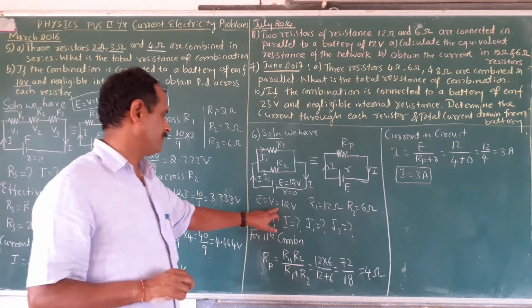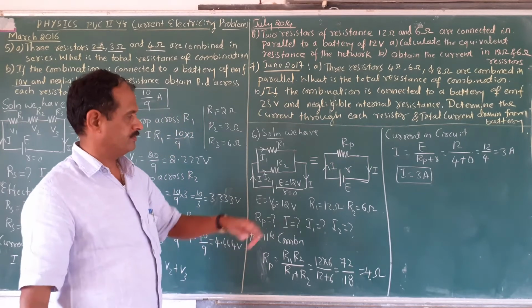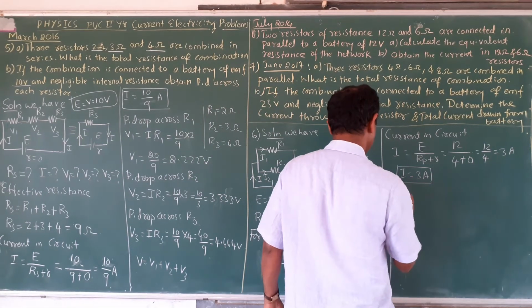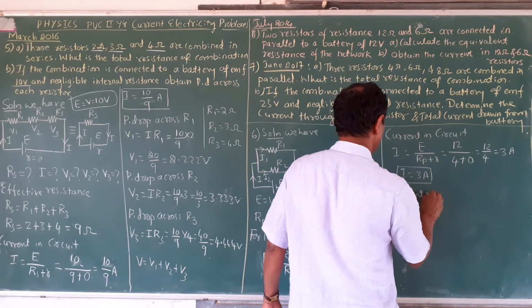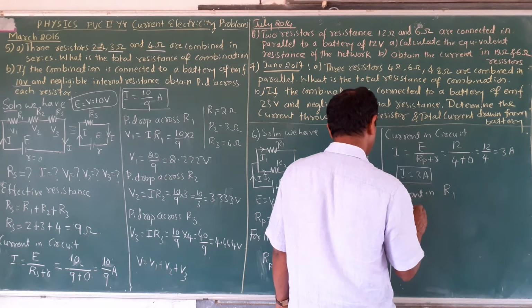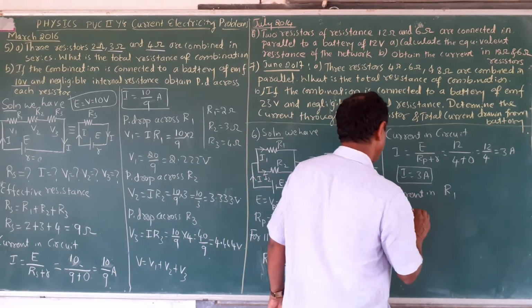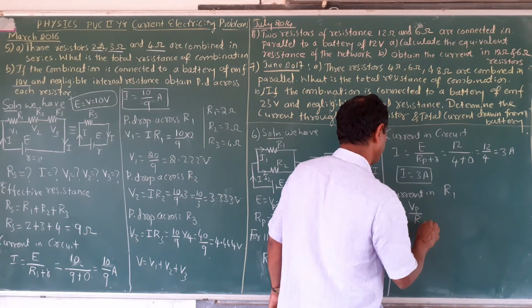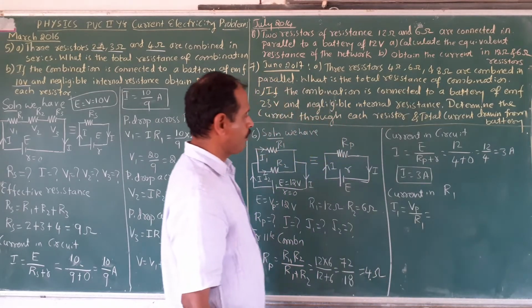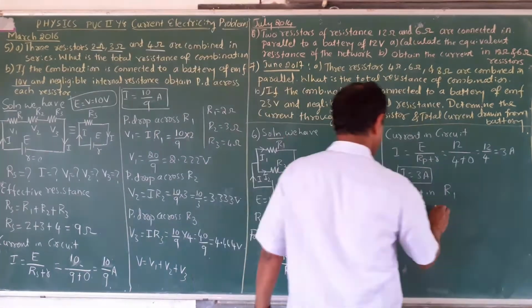Now this is V, essentially VP. Current in R1: I1 is equal to V by R, that is VP by R1. What is VP? 12.